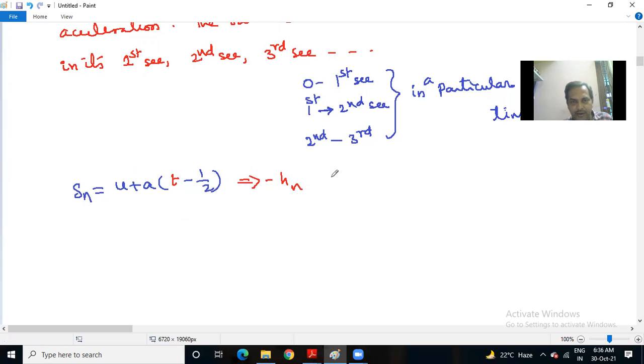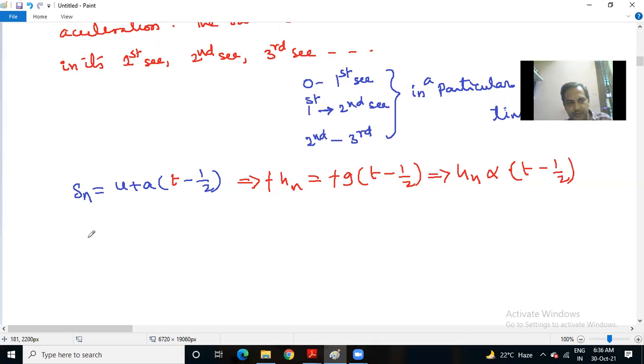Since coming down, negative, a is minus g, times (t minus half). So the cancellation of negative sign, you will get h_n proportional to t minus 1 by 2. Anyhow, g is uniform acceleration due to gravity.